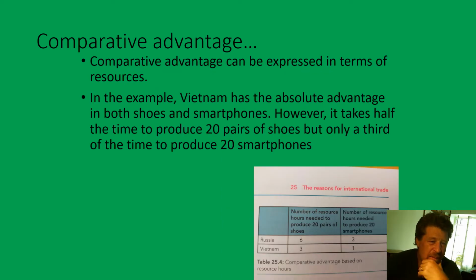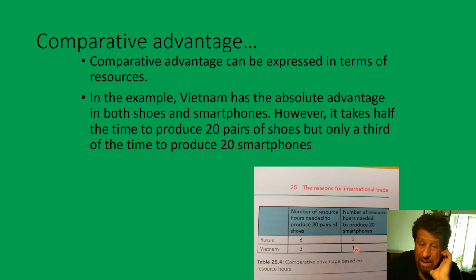Okay, it can also be looked at in terms of resources, comparative advantage. For example, this is the number of hours needed to produce 20 pairs of shoes. Russia needs 6 hours, whereas Vietnam can do it in half the time. But for smartphones, Russia needs 3 hours, whereas Vietnam can do it in a third of the time.